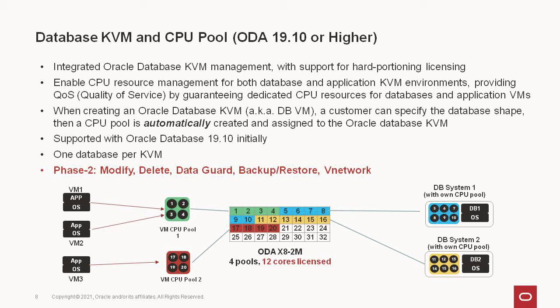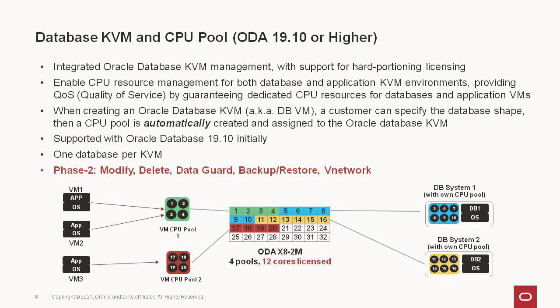Now we'll go through the steps of setting up the application KVMs as well as the database system, database KVMs. With 1910, this is our first release, so there are some limitations. That's what the last bullet is. We can provision the database KVMs, and we can delete the database KVMs.